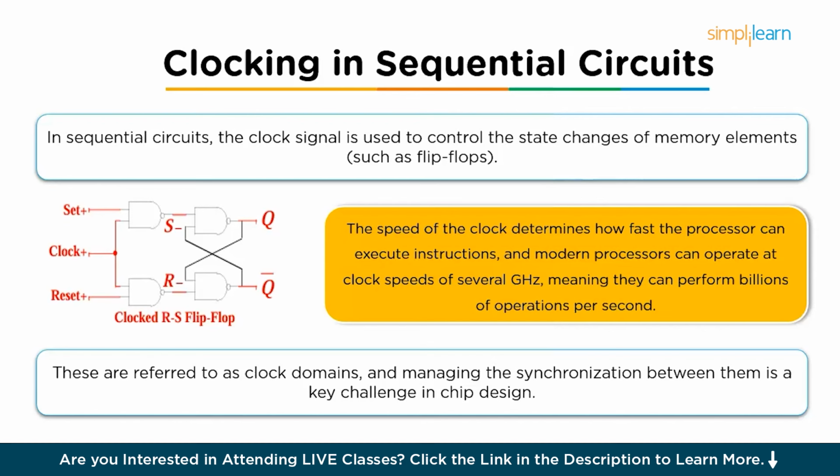Clocking synchronizes all operations within a chip, ensuring that processing occurs in a coordinated and timely manner. These concepts form the foundation for designing digital systems, from simple circuits to complex microprocessors, and they are crucial for anyone interested in understanding how modern electronics work.